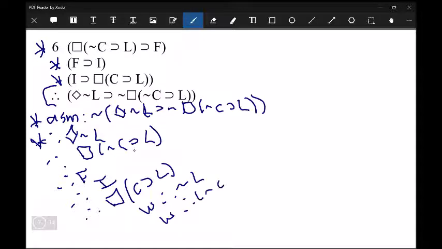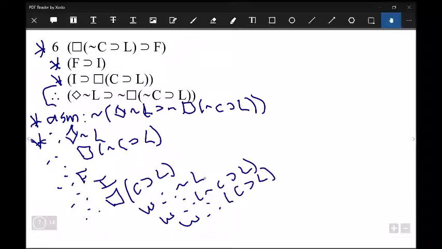If not C, then L. If C, then L. Now, according to our strategy, we dump it in the actual world too, because you have letters without boxes or diamonds in the premises. However, if you see that you're going to get a contradiction anyway, you can just do it, get the contradiction, and there you go. So you can use these three together to get a contradiction.